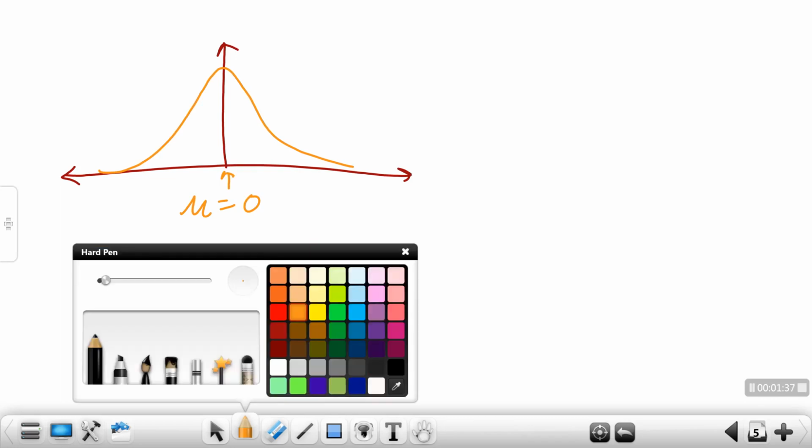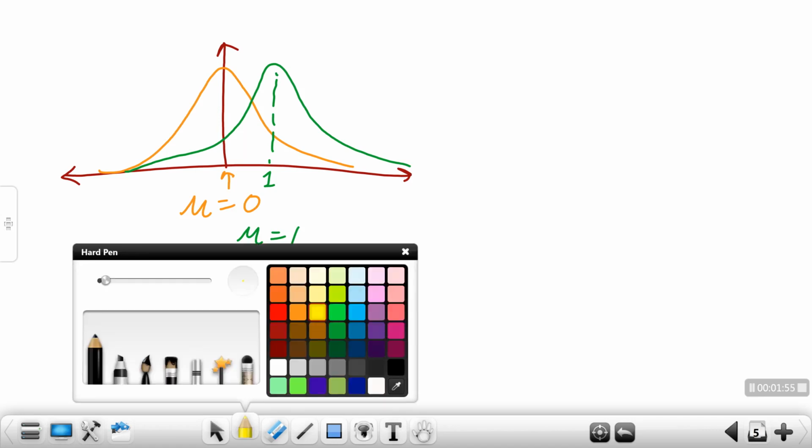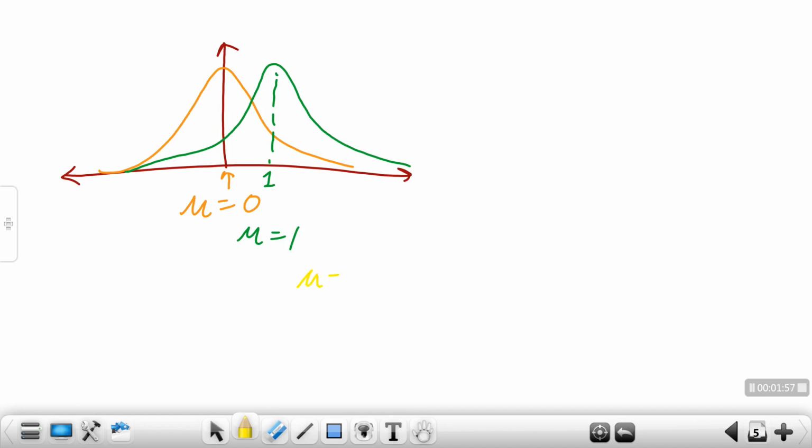If I draw a graph with mu equal to 1, the graph would be shifted somewhat like this. So the mean value, which is the maximum of the Gaussian function, will be 1. If I want mu equal to 2, or 5, or 3, then the Gaussian function would be shifted somewhat like this.